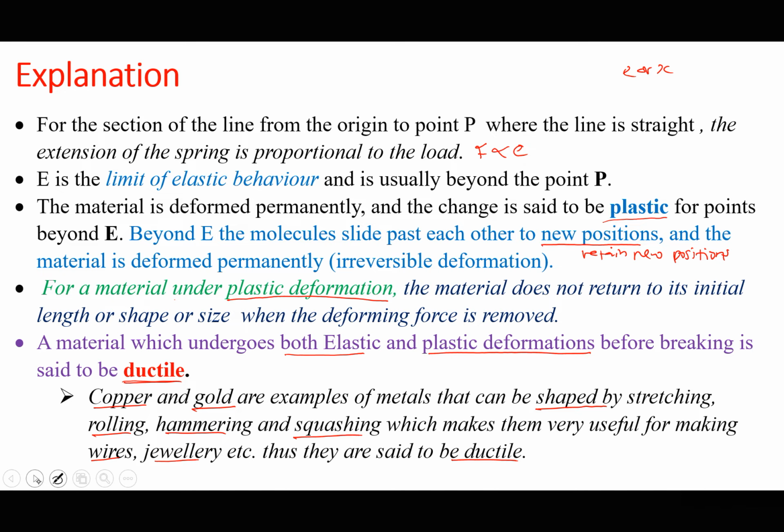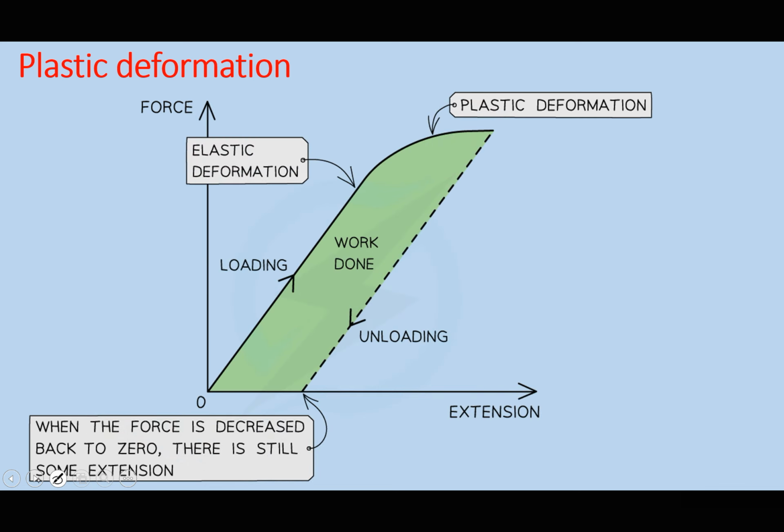Let's try to understand plastic deformation in more detail. So let's consider a material which has undergone plastic deformation. What happens to the material when the deforming force is removed? Let this be a graph of force against extension for a material which has been loaded not beyond the elastic limit.